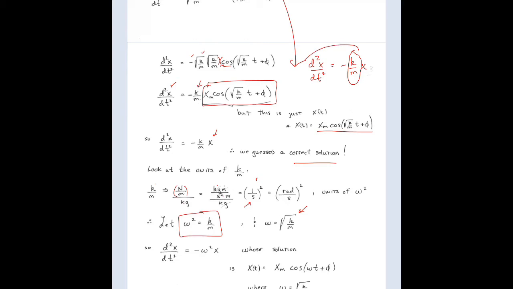So this now I can write more compactly. Now we know the solution to this is the one we guessed before, but instead of having that messy square root in the trig argument, I'm just going to write it as omega. So the solution to our original differential equation is that, where I have to put in what omega is. Omega is the square root of k over m.